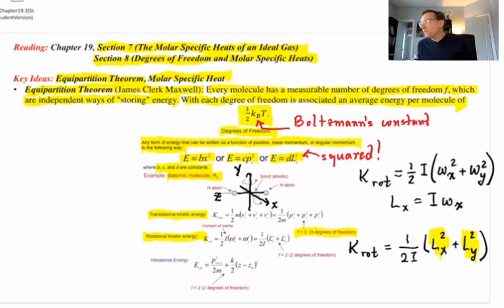These are angular momentum components squared, but there's 2 of them. So we get 2 degrees of freedom, F equals 2, from the rotational kinetic energy. So if the diatomic molecule is both translating and rotating, there's 3 plus 2, or 5 degrees of freedom.